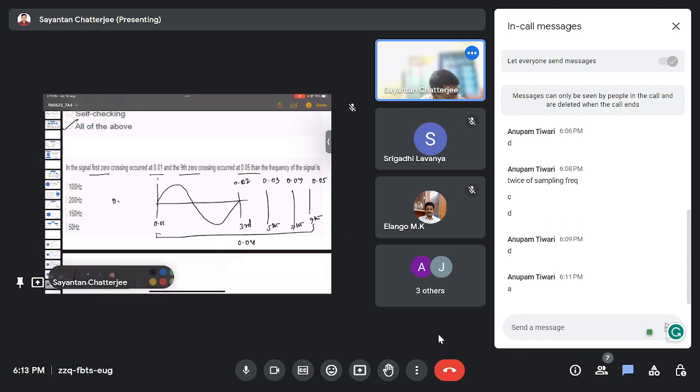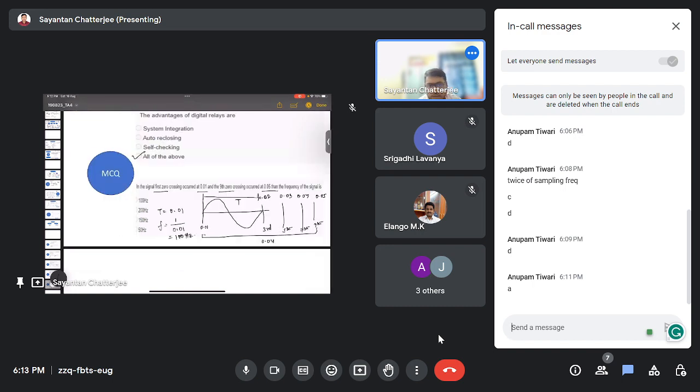This part is coming as 0.1. This T is 0.1, so frequency is 1 by 0.1, 100 hertz. This is the right answer.